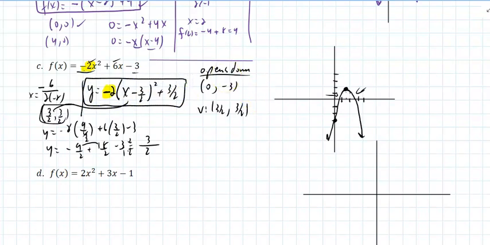I need to figure out those intercepts. So if I go to figure out what those are, again, this is the best form to use.